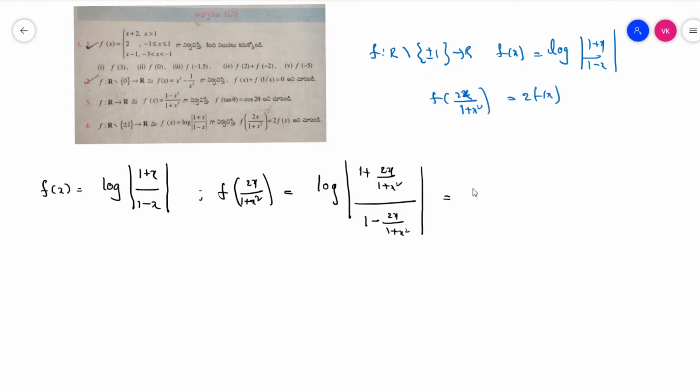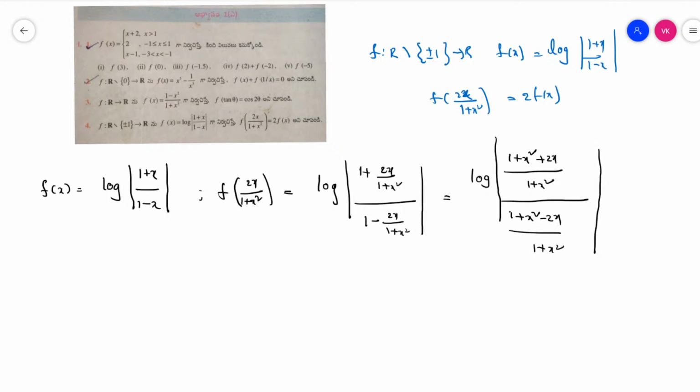Then we can write as log of modulus of ((1 plus x square plus 2x) by (1 plus x square)) by ((1 plus x square minus 2x) by (1 plus x square)).